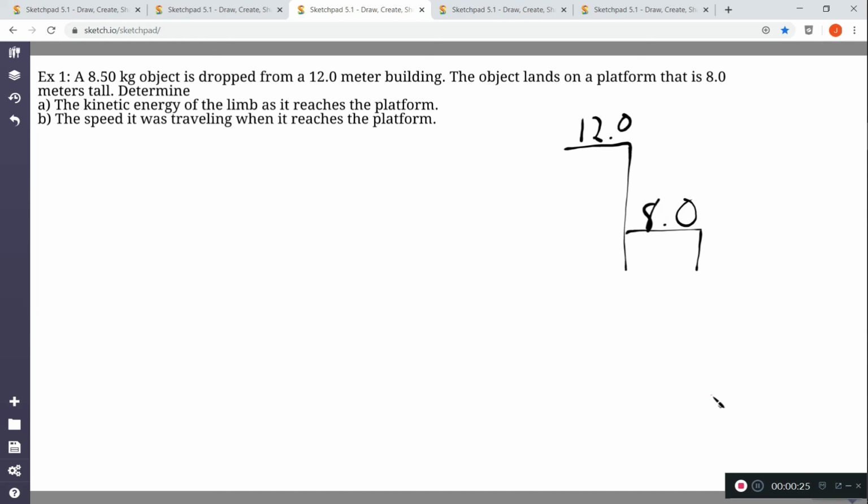So one option is to call the platform 0 and the roof then 4. The other option is to call the roof 12 and the platform 8. Either way will get you the same result numerically. Some of your work along the process will look different, but it'll work out either way. So let's go ahead and call this 0 and this height 4.